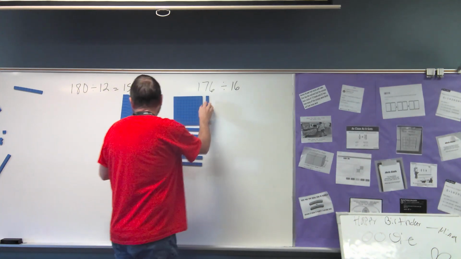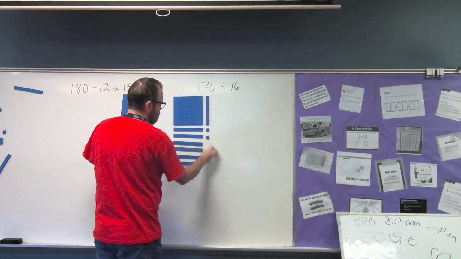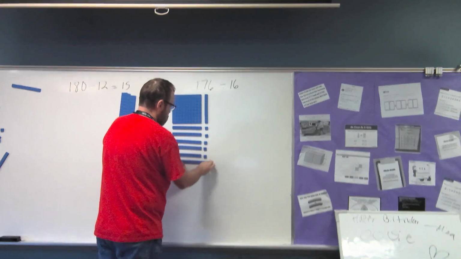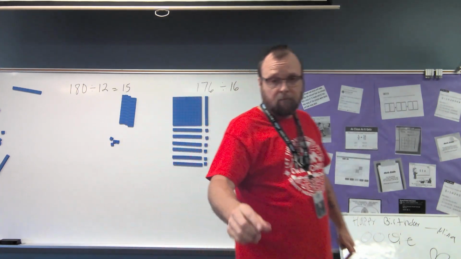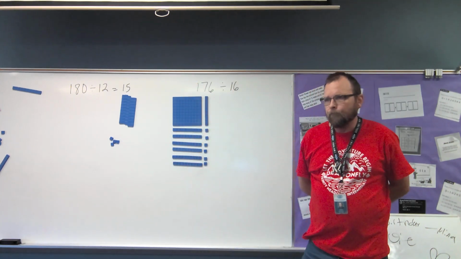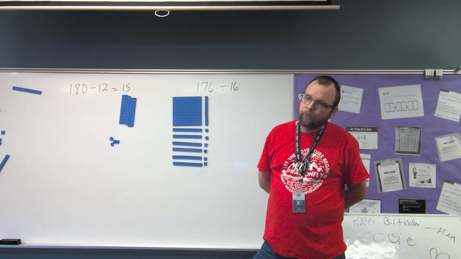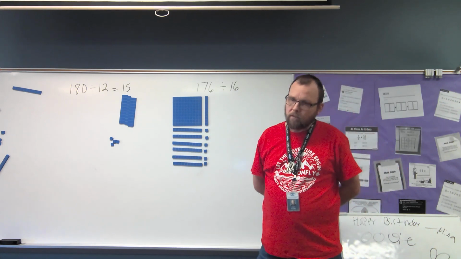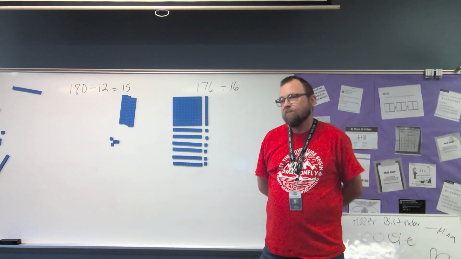So I need to add 16 more to this. Now that I've added one column to it, William, how much do I have up here now? 176.